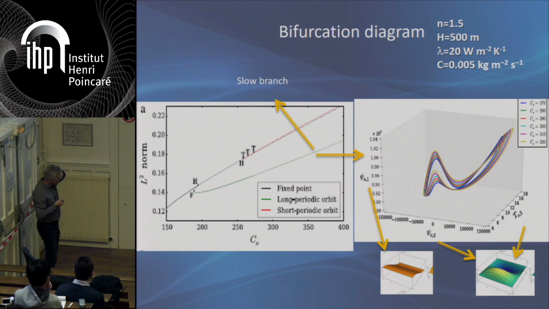TO2 essentially represents the gradient of temperature as a function of latitude, okay? And clearly what you see is that this is indeed a coupled mode between the ocean and the atmosphere. And if you reduce the friction coefficient, this periodic solution disappears completely. So clearly, this is a coupled mode between the two components of the system.